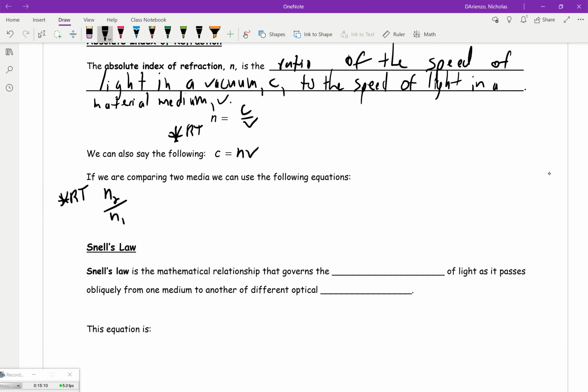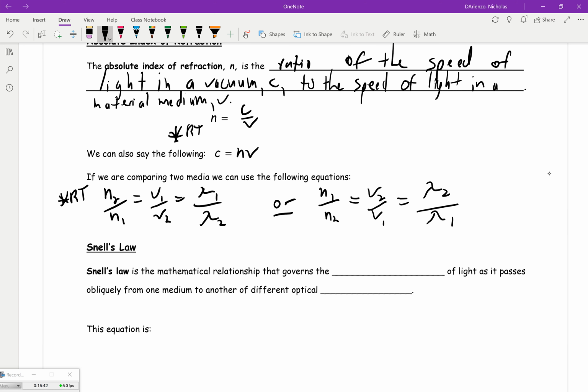As the ratio of N2 to N1 is equal to the velocity of 1 over the velocity of 2 equal to the wavelength of 1 over the wavelength of 2, or we can reverse that, N1 over N2 equal to V2 over V1 equal to the wavelength of 2 over the wavelength of 1. And this is if we're comparing two different media.